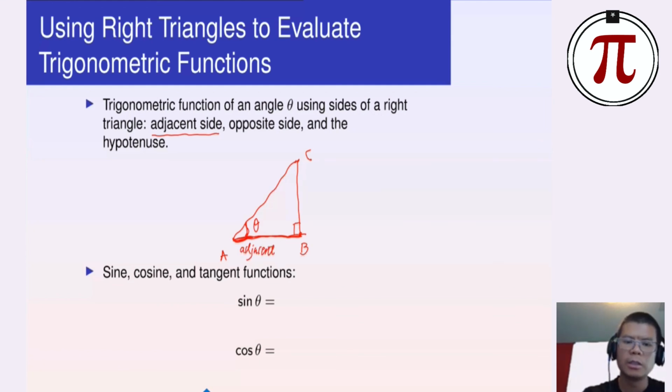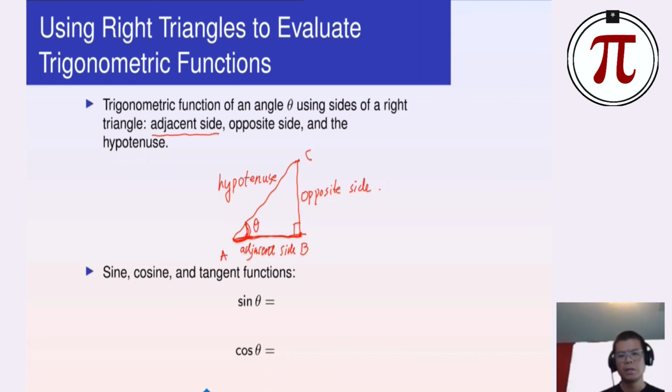The opposite side of theta is the side opposite to angle theta. And then this one is called the hypotenuse.